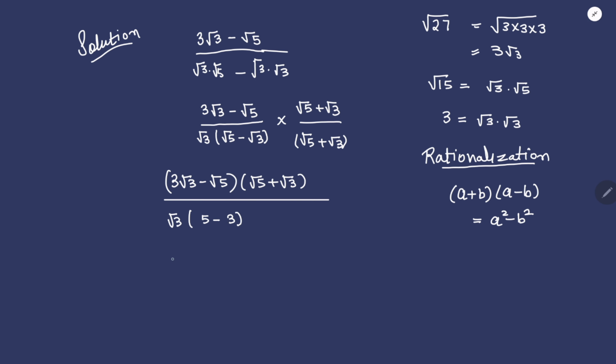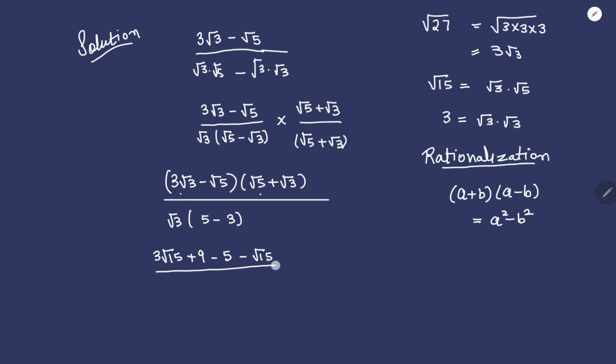Okay, so in the numerator what will we get? We will get 3√15 when we multiply first term with first term. When we multiply first term with second term, it will become plus 9. Second term with first term, it will become minus 5, since √5 times √5 is 5, and this will become minus √15, right?